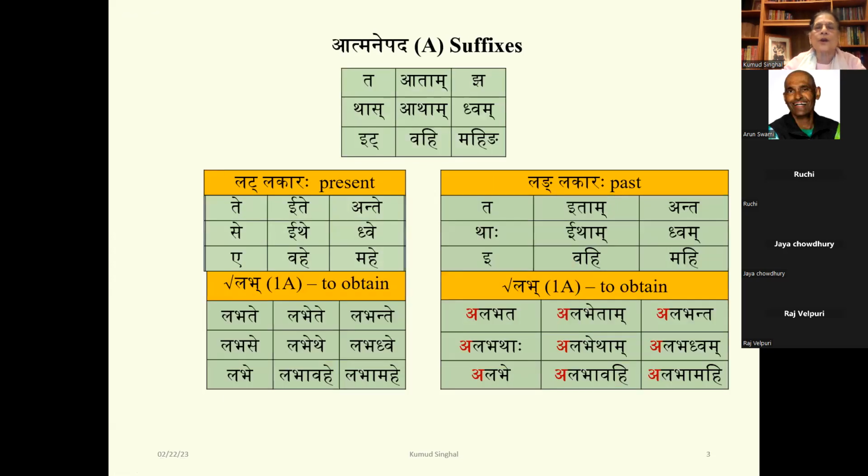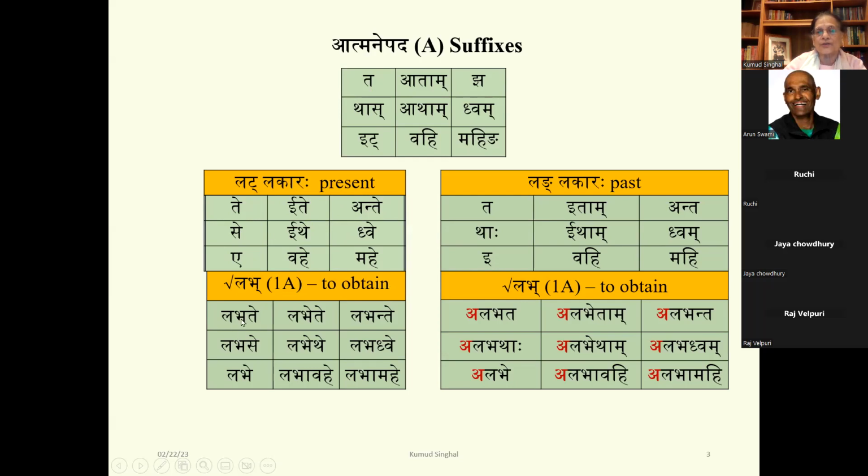Now I'm going to talk about the atmanepada suffixes. The atmanepada suffixes are these. In the present tense, we have already seen te, ete, ante, and so on. The labh dhatu is an atmanepada dhatu belonging to the first group, bhavadi gana, and it means to obtain.